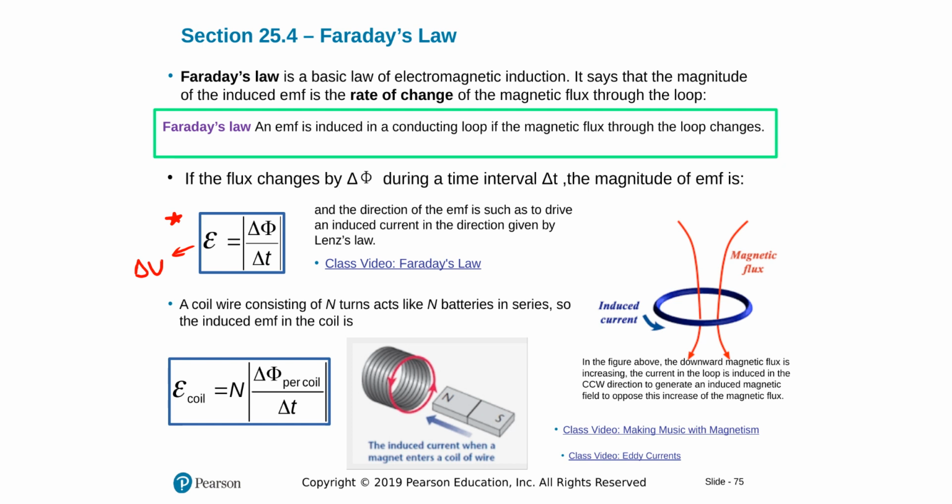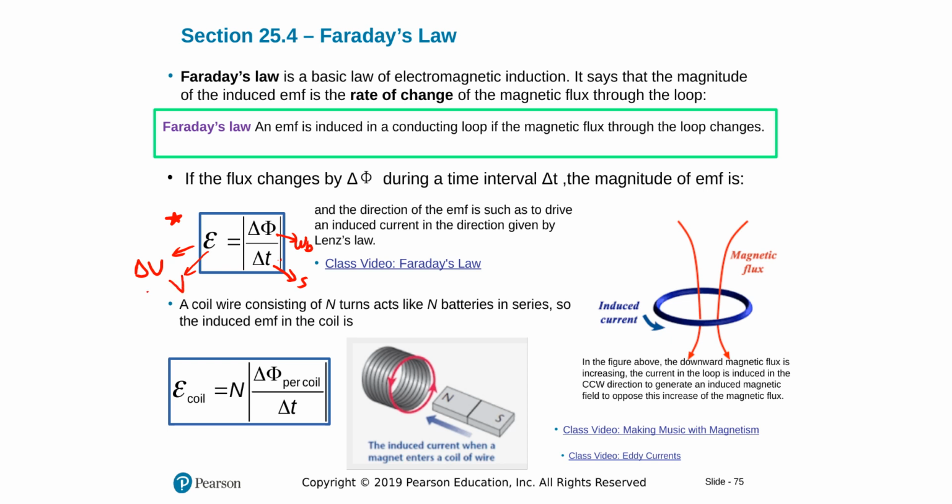We will find the value of this by change in flux divided by change in time. So I'm going to look at how much flux changed and how much time it took to change. Flux unit was Weber or Tesla meter squared, time is in seconds, and the unit of epsilon EMF will be volt as always.